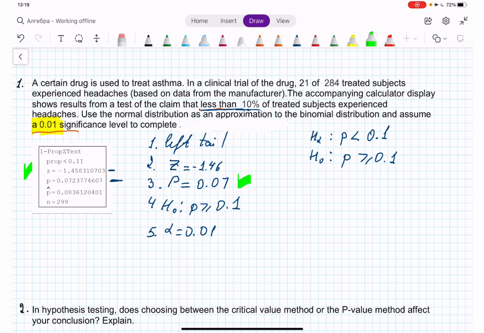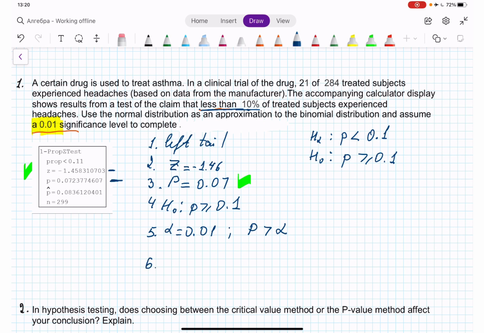Right? So because our p-value is greater than our alpha, therefore we can say that we fail to reject the null hypothesis because the p-value is greater than the significance level alpha.